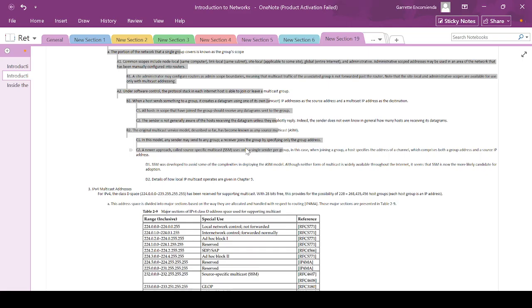All hosts in scope that have joined the group should receive any datagrams sent to the group.